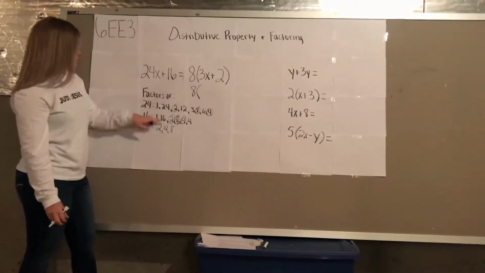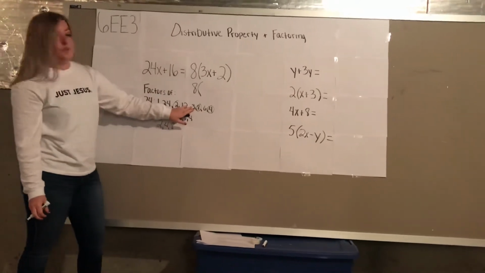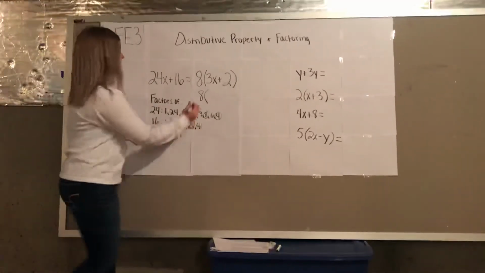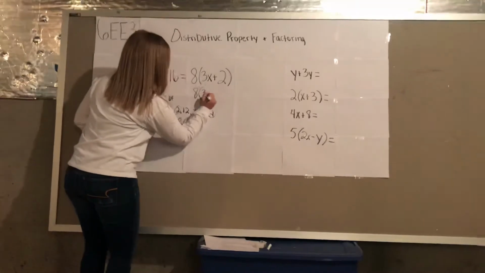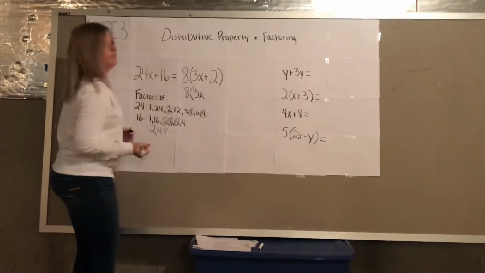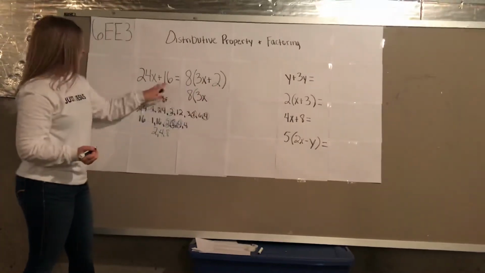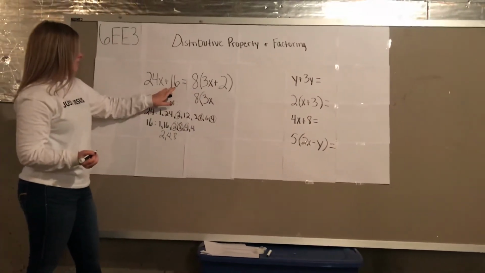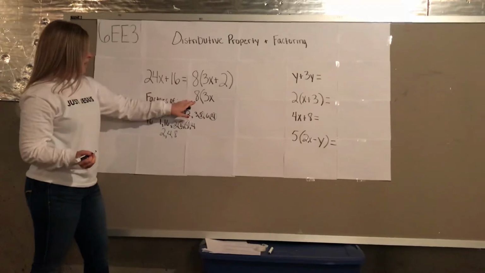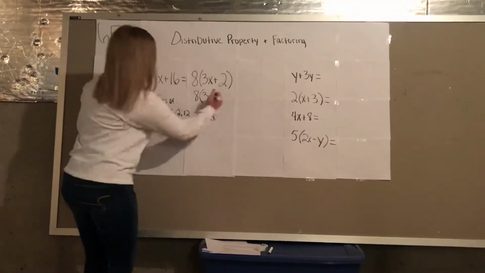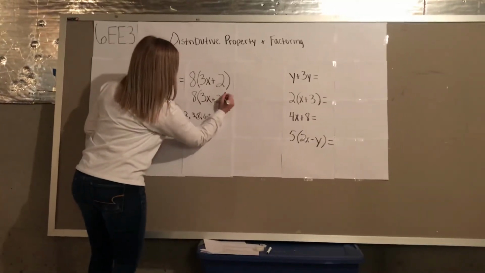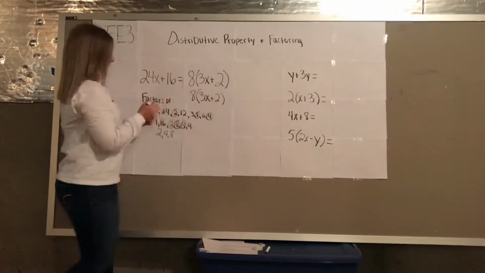So we had our factors here, so we have 8 times 3. So you're going to just add the x in with a 3 to become 3x. And then plus 2, so you're now going to come to the 16. So 16 divided by 8 would give you 2. So you just do plus 2, and there's no variable there.